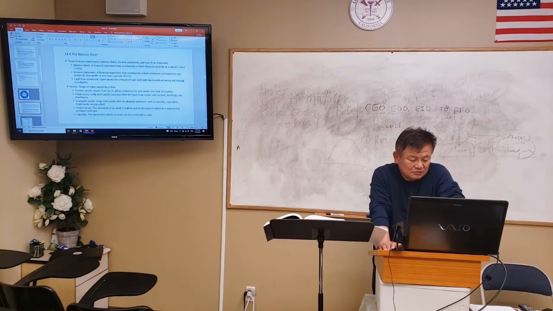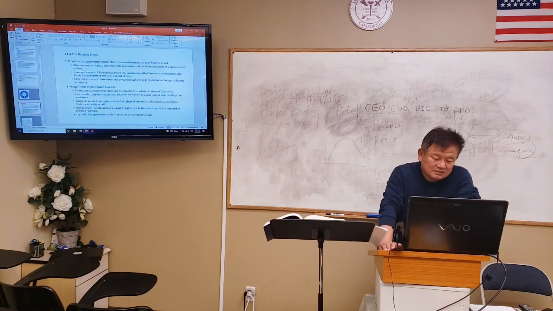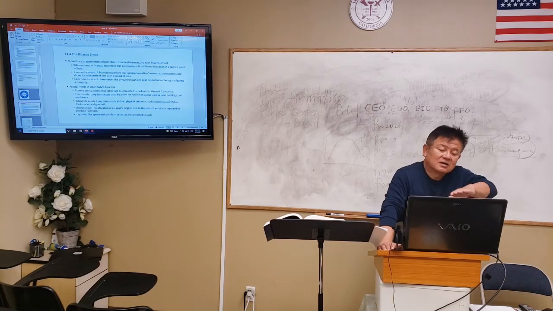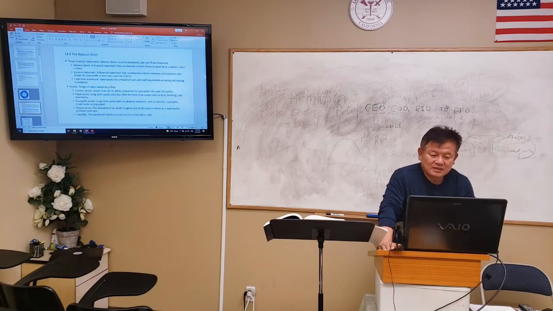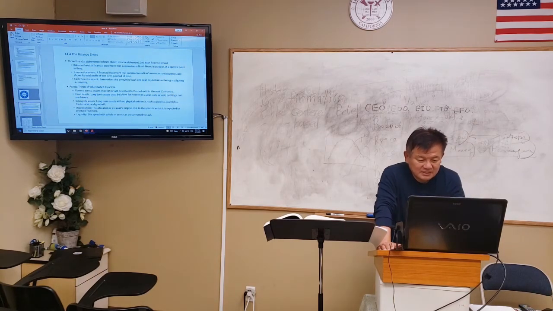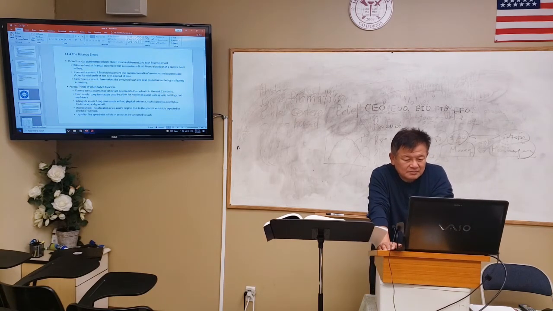But you have to know the kinds of asset. Current assets are assets that can or will be converted to cash within the next 12 months, because the accounting period is one year. Fixed assets are long-term assets used by a firm for more than 1 year, such as land, building, and machinery.